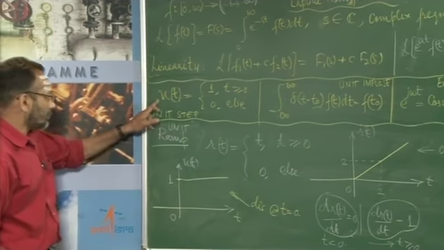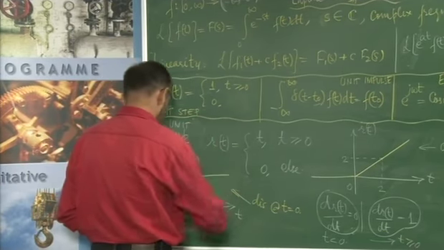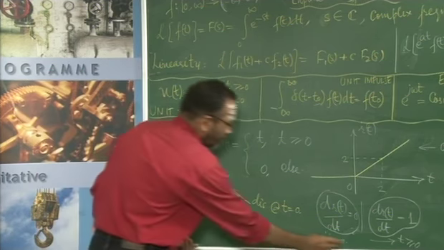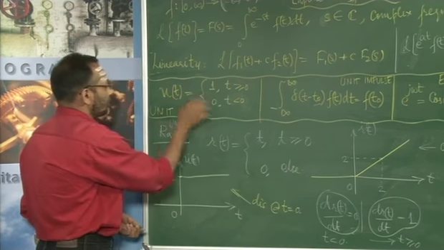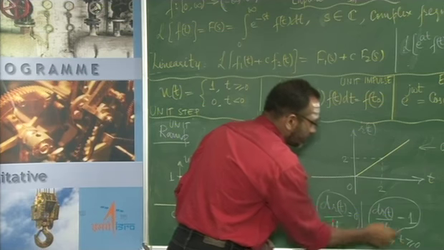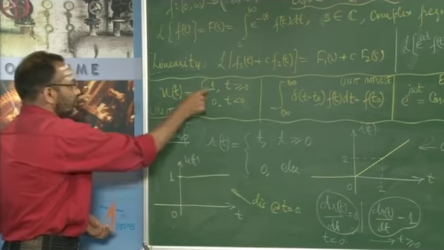Look at the unit step. For t less than 0, the differential of the ramp is what u(t) is when t is less than 0. For t greater than or equal to 0, the differential of the ramp is the same as what it is for u(t).